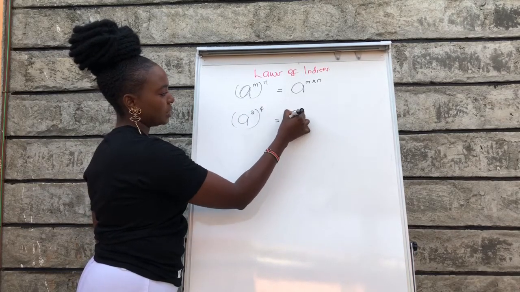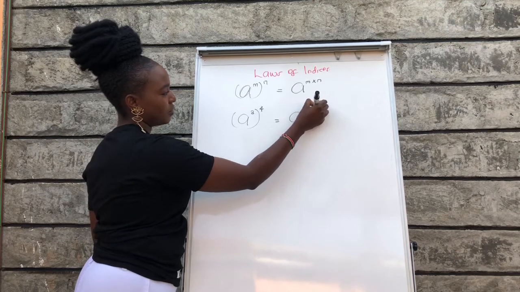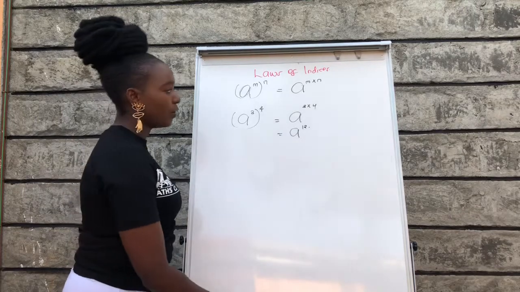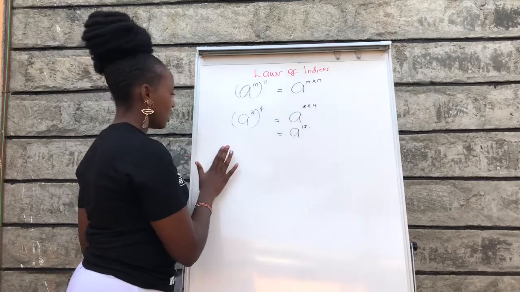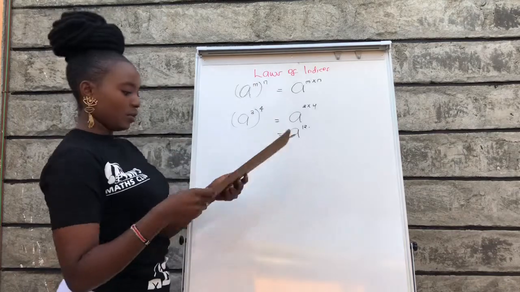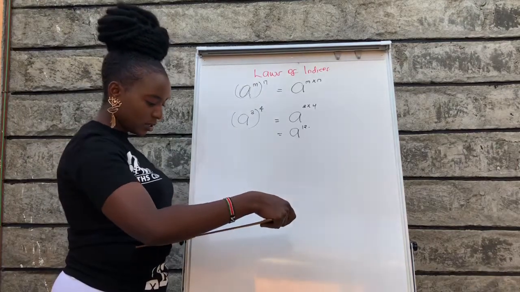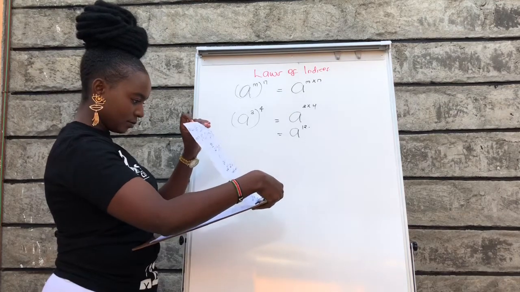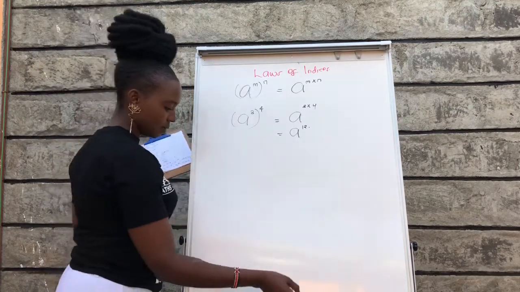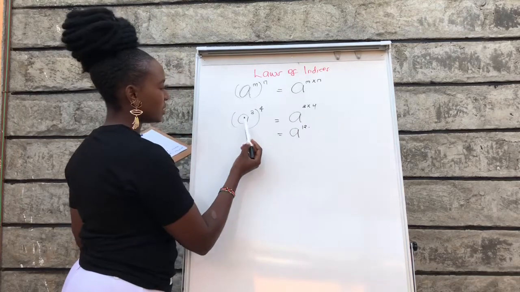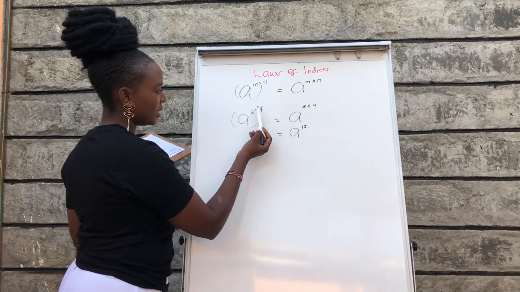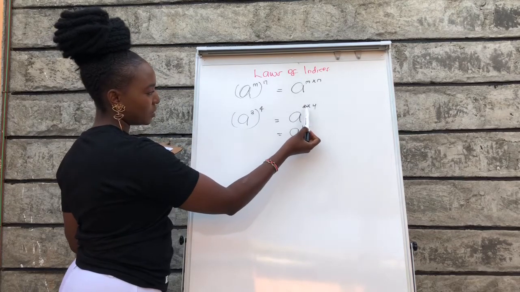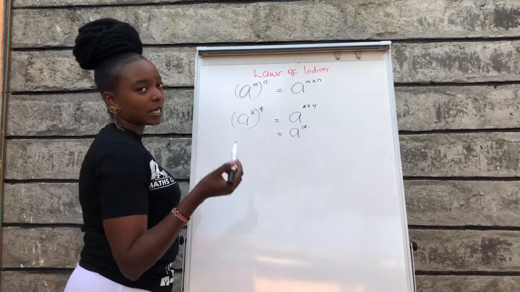What you need to do is a to the power 3 times 4, and this becomes a^12. So you multiply the powers 3 times 4, and it becomes a^12.